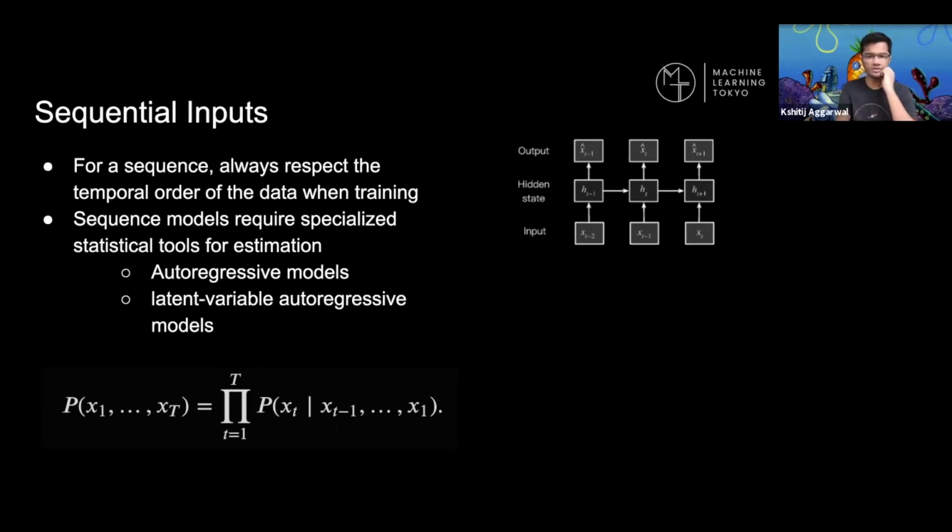You have some input, and that input along with the hidden state gives you a new hidden state, which helps you predict the output. In this case, you don't necessarily have to save all the preceding inputs because you're updating your hidden state every time you get a new input. We'll talk much more about it in the upcoming slides.